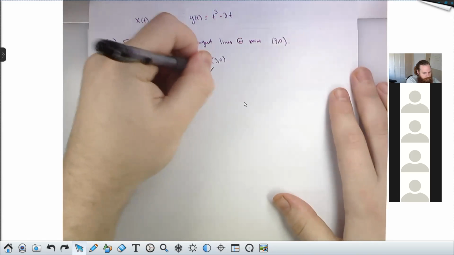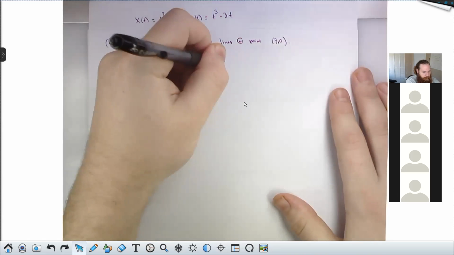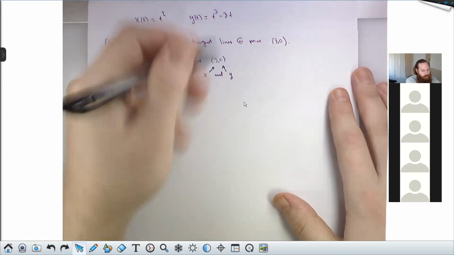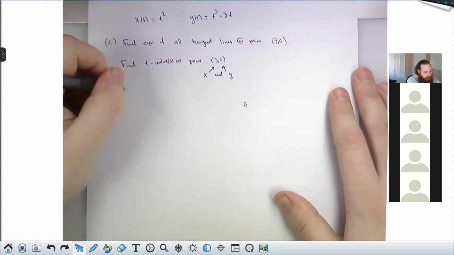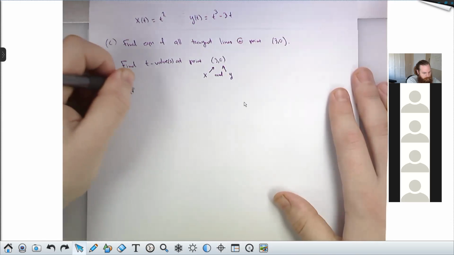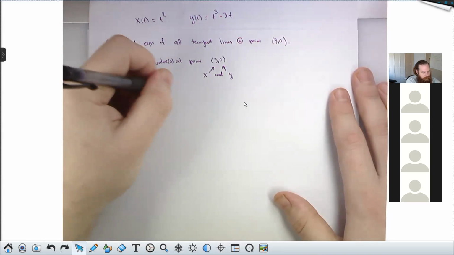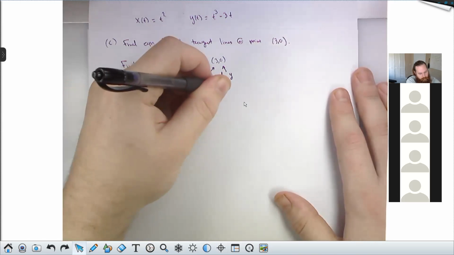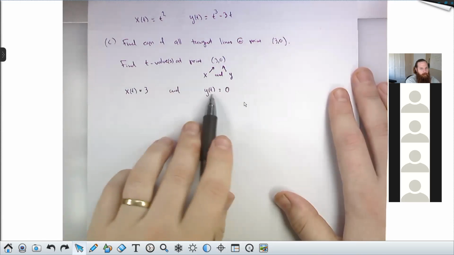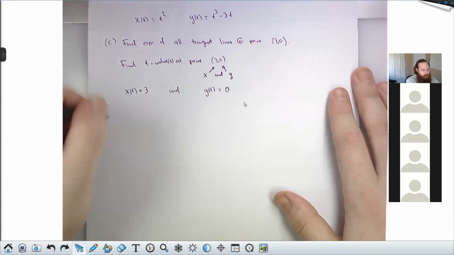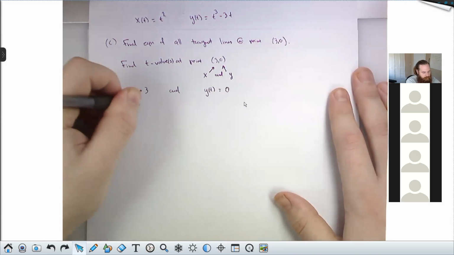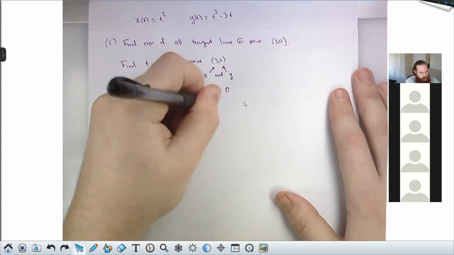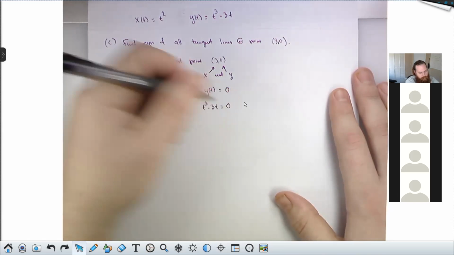So I know x is equal to 3 at that point, and y is equal to 0. So I need to solve the two equations, x of t equals 3, and y of t equals 0. And I need t values that make both of these things true at the same time. So t squared is equal to 3, and t cubed minus 3t is equal to 0.